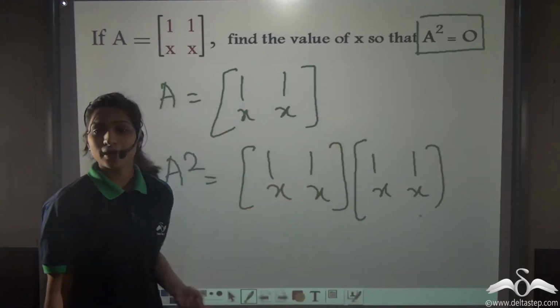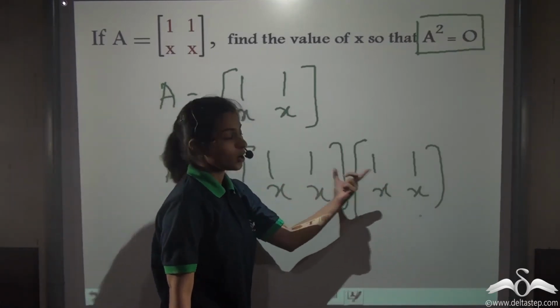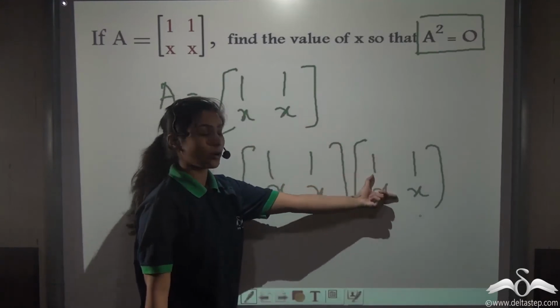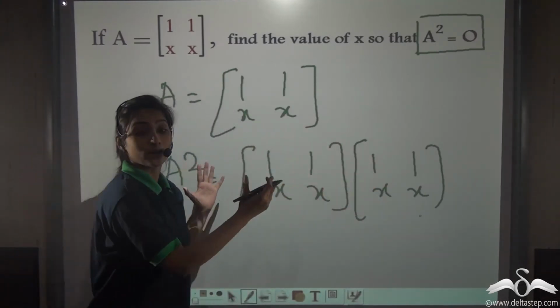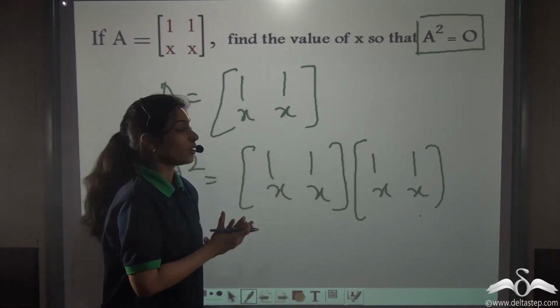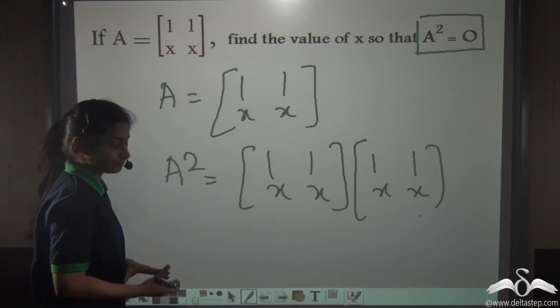Check if both these are multiplicable or not. Order 2 by 2, order 2 by 2. Number of columns equal to number of rows. So this is multiplicable. The order of the resultant matrix will be 2 by 2. Multiply these two and tell me the answer.